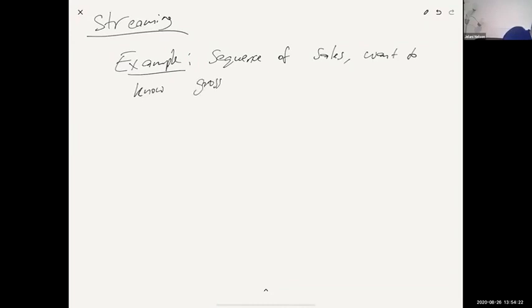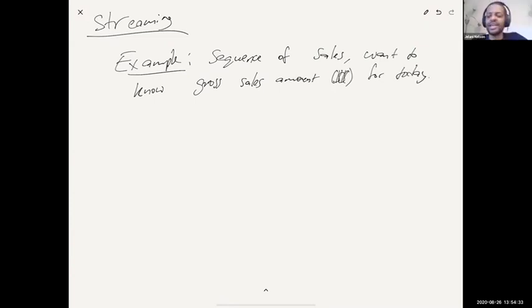For example, there's a sequence of sales, and I want to know the gross sales amount in dollars for today.